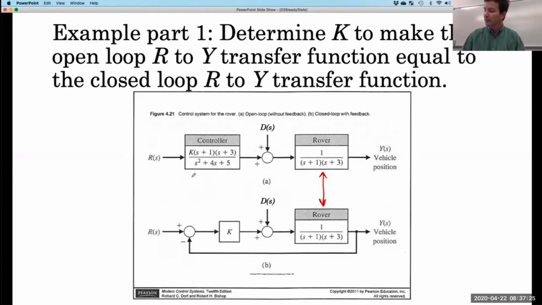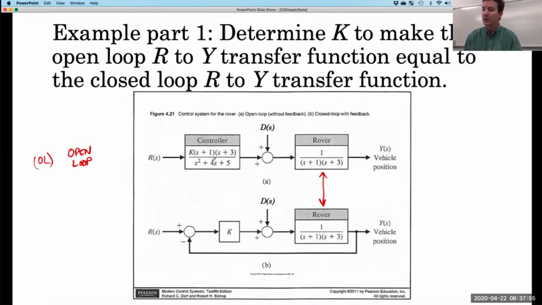In A, which I'm going to call the open loop system, particularly because there is no feedback loop, and open loop I'm going to abbreviate as OL, FYI, the controller has been designed such that the zeros of the controller will cancel the poles of the rover, making the effective poles of the system equal to the poles of the controller.